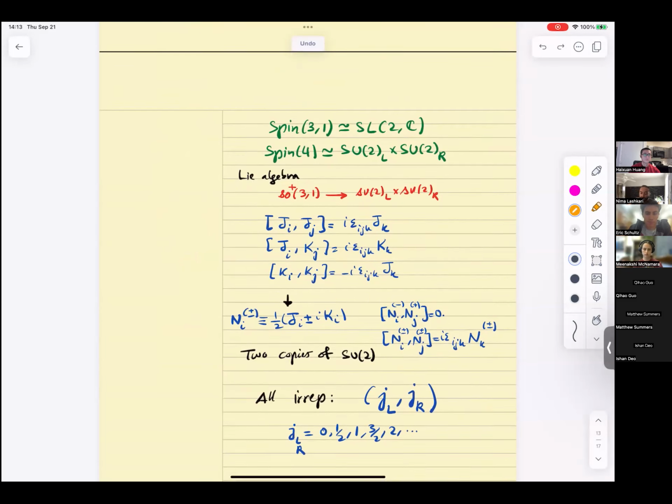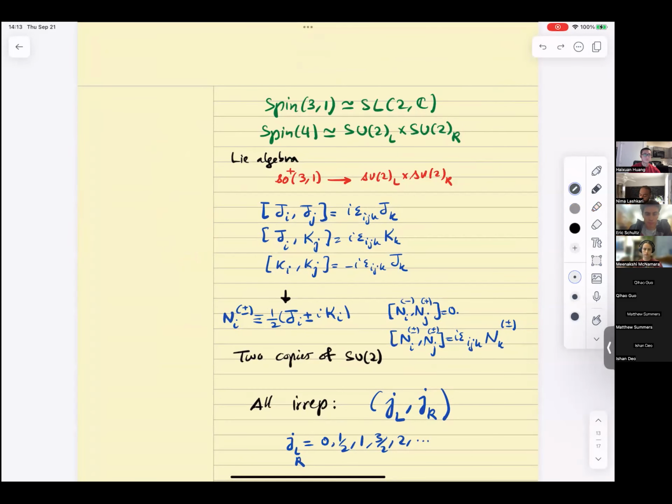All right, so what is this Spin+(3,1)? This is SL(2,C). It's a group. If you started with Spin(4), that's SU(2) cross SU(2), two copies of SU(2).